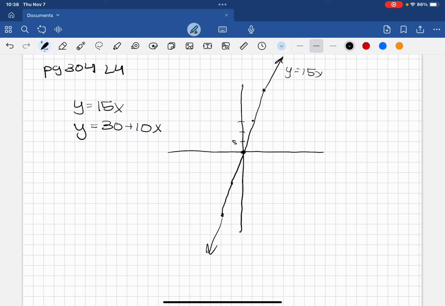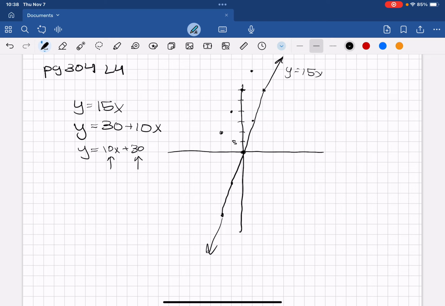And then we have y equals 30 plus 10x, and we can put that into y equals mx plus b, which would be 10x plus 30. Our slope is 10. Our y-intercept is 30, so if we're going by 30s, this is where we cross. And then we have our slope.